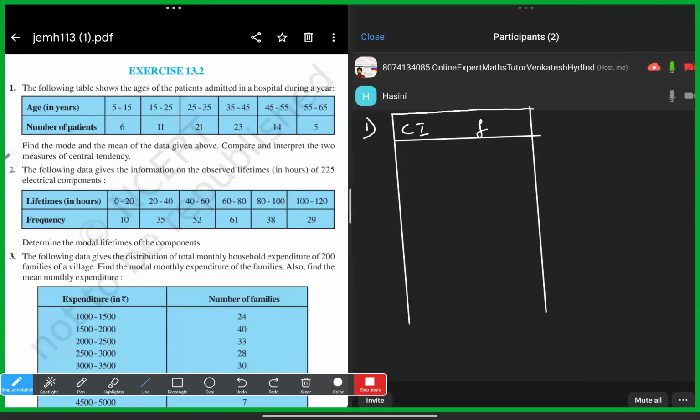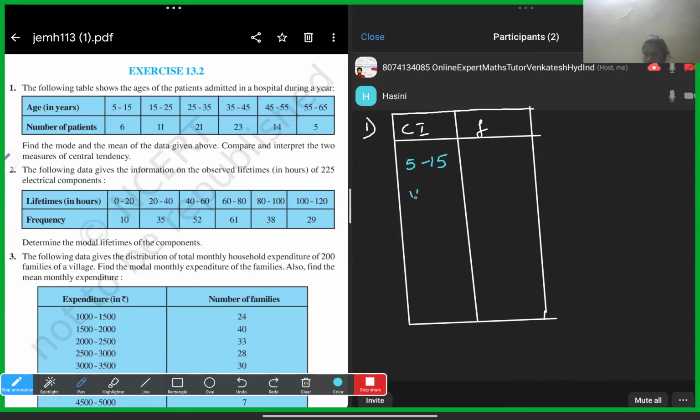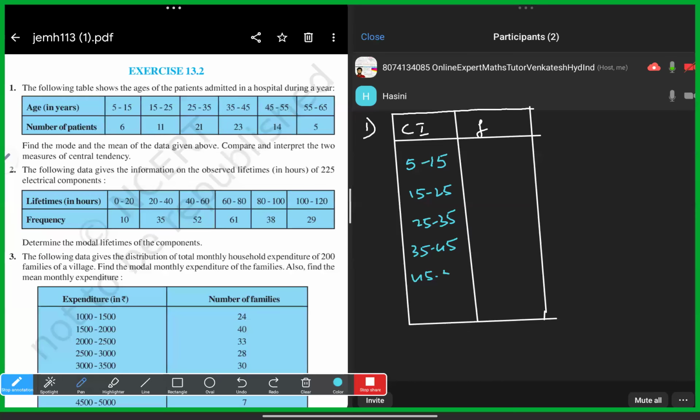6 values are there. The first one is 5 to 15, 15 to 25, 25 to 35, 35 to 45, 45 to 55, 55 to 60.